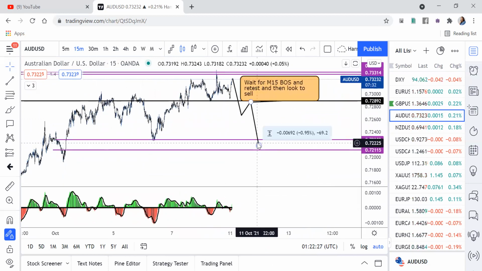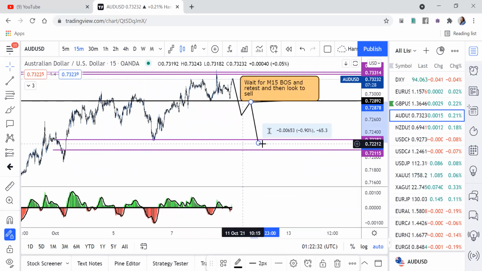And you guys could look to come out in this zone because this is the area of imbalance. You have imbalance here. So you can take a trade 65 pips to this zone, right? So wait for this.